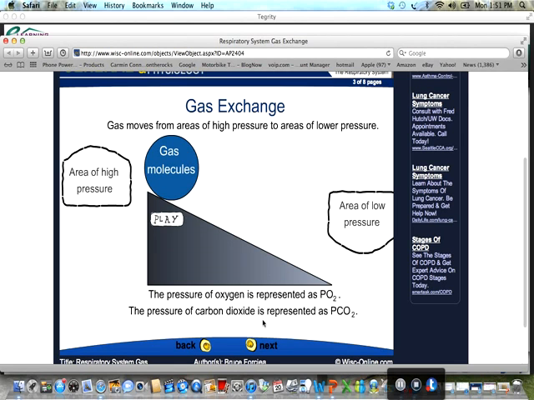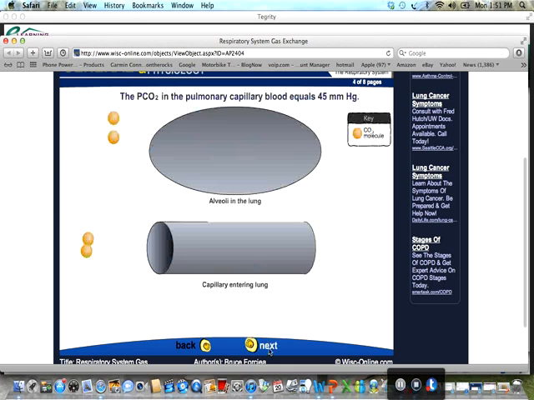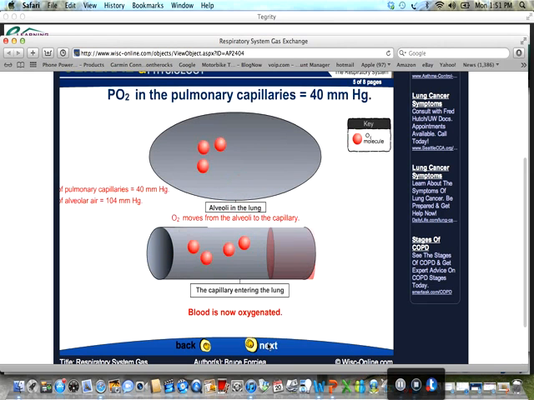The pressure of carbon dioxide is represented as PCO2. The PCO2 in the pulmonary capillary equals 45 millimeters of mercury. PO2 in the pulmonary capillaries equals 40 millimeters of mercury.